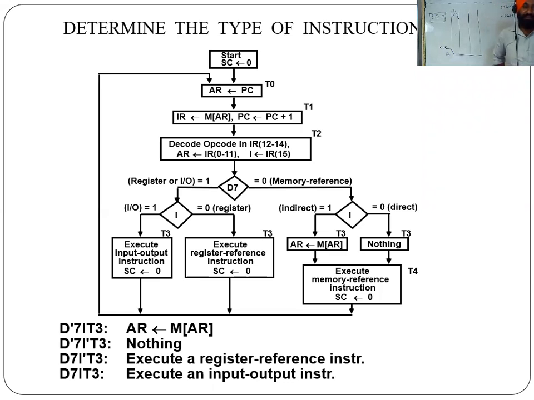After that, at T1, the instruction present at the desired memory location addressed by AR will be transferred to the instruction register, and at the same time, the value of PC will be incremented by 1. So this is covered at T1. Next, at T2, the decode operation will be performed, right?